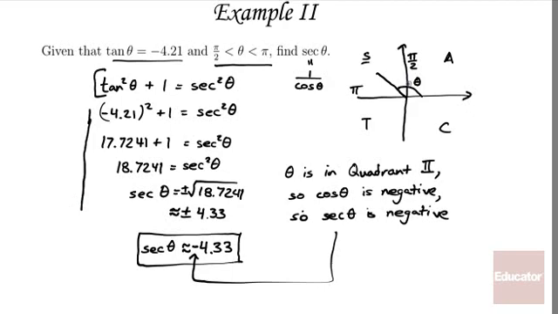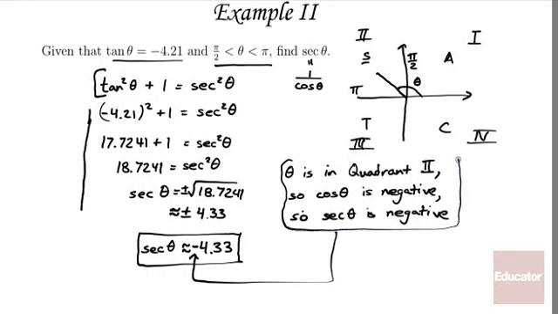That's where we use the fact that theta is in the second quadrant. Since theta is in the second quadrant, cosine theta must be negative, and so secant theta, remember, is just 1 over cosine theta, must also be negative. That's how we know we want the negative square root there, so we get negative 4.33.